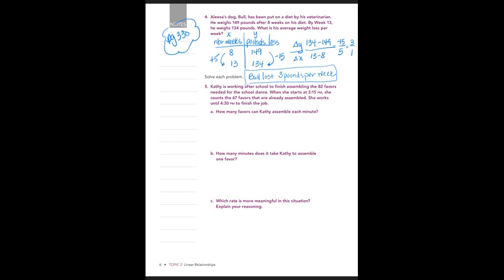So pounds depends on weeks. So we find our change in y and our change in x and we find out that it's negative 15 over 5, and that simplifies to negative 3 over 1. That would be our unit rate for our rate of change. So we can conclude that the dog Bull lost 3 pounds per week. Hopefully this makes sense to you.